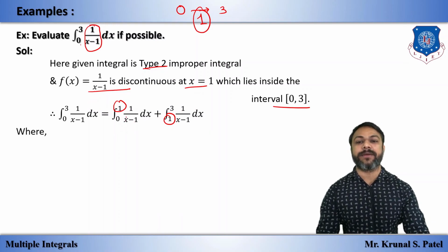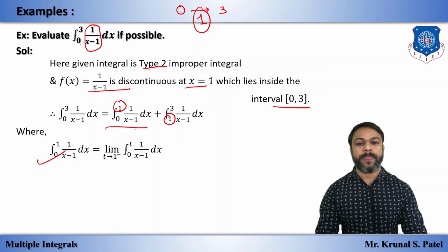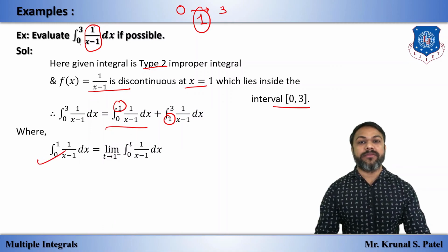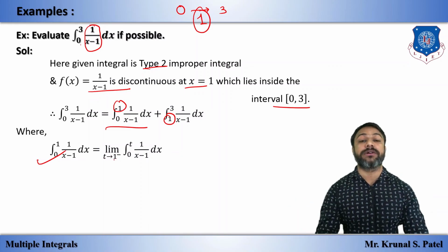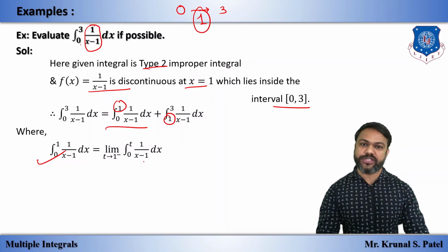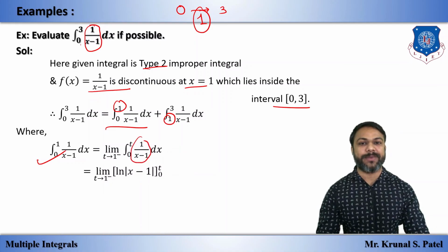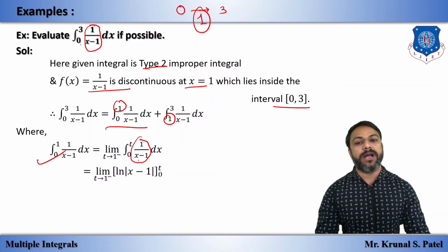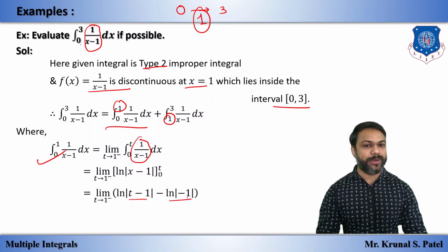So first we will take 0 to 1, the first part, and there we will take the limit t tends to 1 minus, the left hand limit, as you have learned in first standard. Other than that, there is no change. Integration of 1 upon x minus 1 is log of mod x minus 1, upper limit minus lower limit.